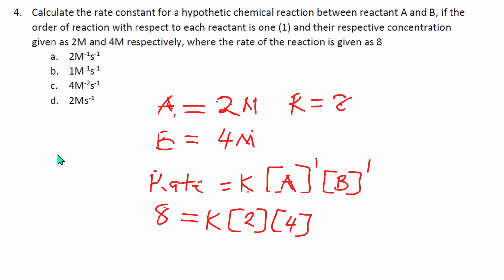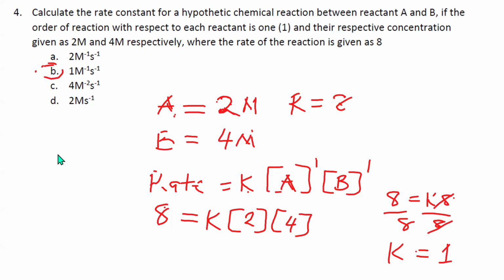So we have 2 times 4, which is 8. Therefore, 8 is equal to K times 8. So divide both sides by 8, and this cancels this. So we have K is equal to 1. And then what is the unit? Although the only option that has 1 is this one, it means that the answer is B.